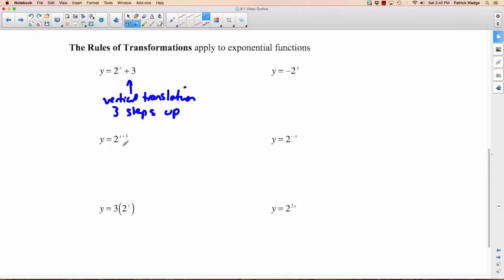But if it was this one, where it's x plus 3, this is in the function. So this is going to be a horizontal translation, 3 steps to the left. Remember, inside the function, it's kind of the opposite of what you'd expect.